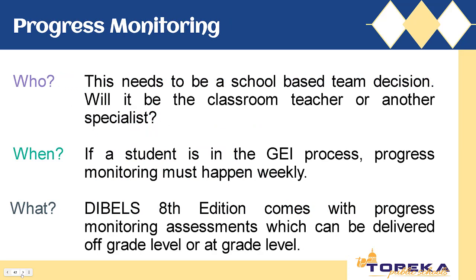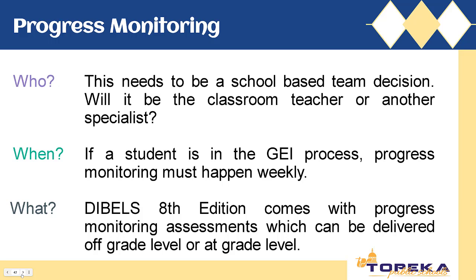After the universal screener has been given, there may be students that need to be progress monitored as they are not showing proficiency within the DIBELS 8th edition screener tests that have been chosen for each grade level at the state level. So who will be progress monitored? This will need to be a school-based decision. Will it be the classroom teachers who are progress monitoring, or will it be another specialist within the building?